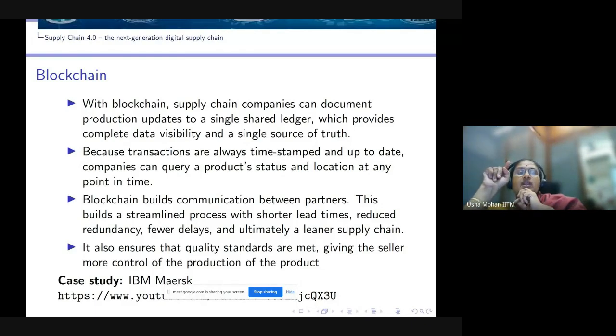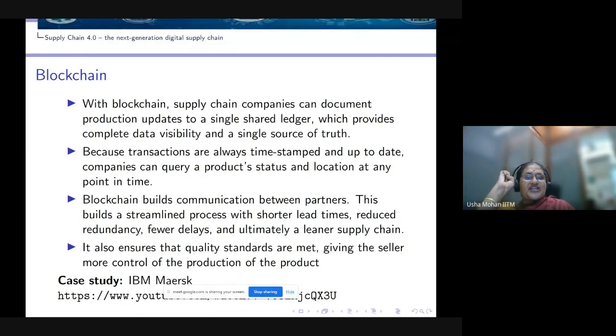So whenever a company queries a product status, you cannot have any person, entity or player within the supply chain who can damage the data. Since this is a shared ledger, time stamped and up to date, companies can query a product status and location at any point of time. It also ensures that quality standards are met, giving the seller more control of the production of the product.